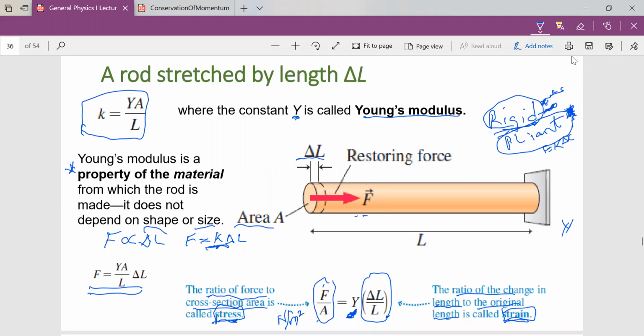So it has no unit. Therefore, Young modulus takes up the unit of stress. So the Young modulus just takes up the unit of stress, as the strain is just a fractional representation of the extension of such materials. Okay.